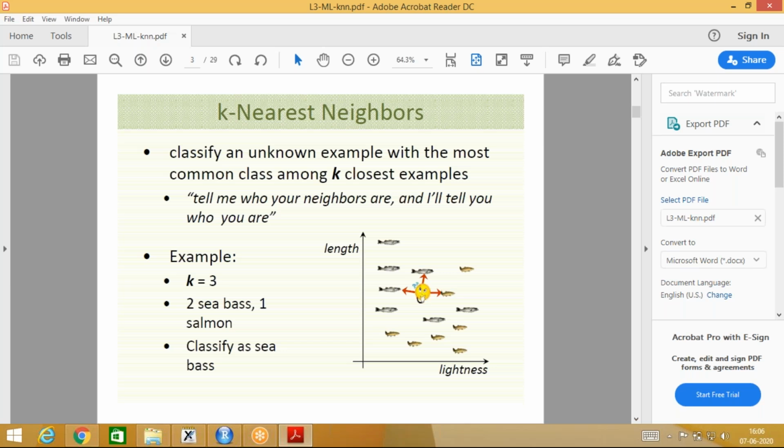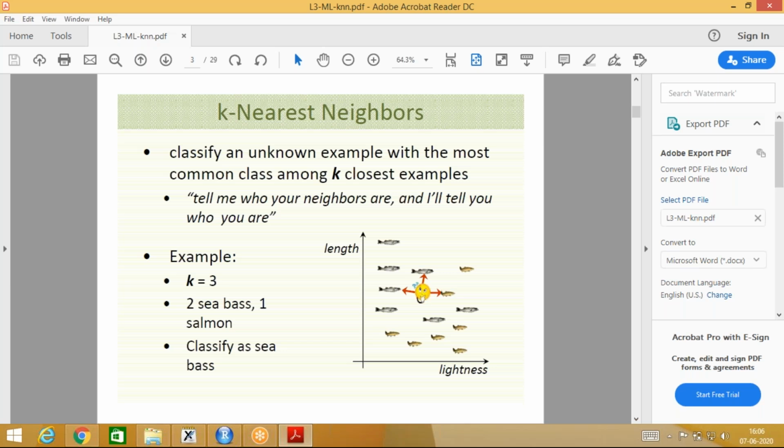So let's say in this particular picture, various fishes are categorized based on their length and how light they are. They have collected probably 7 sea bass, and similarly they have collected 7 salmons.